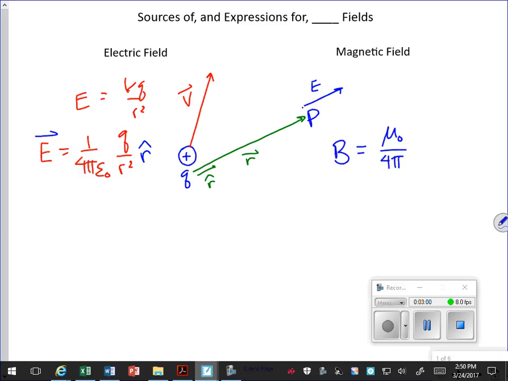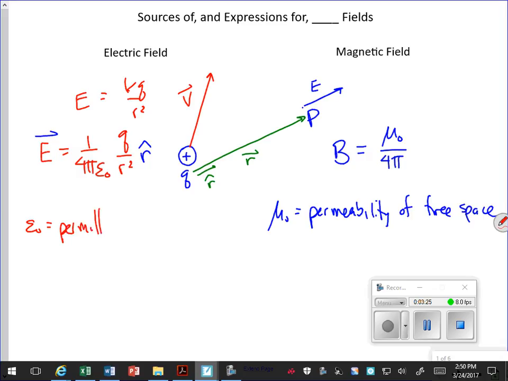Now, why is this mu naught? Mu naught is the permeability of free space, the magnetic permeability of free space. Epsilon naught is the electric permittivity of free space.